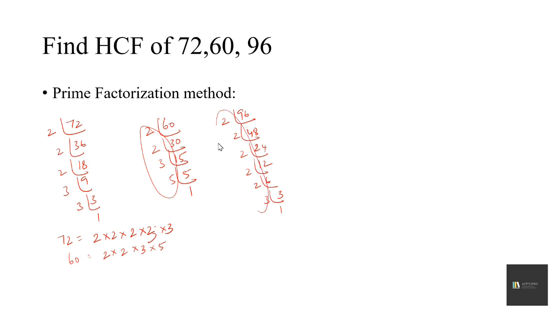So these are all the prime factors of 96. So let us take the common terms in this. This 2 is common, and we have another 2 in common to all the 3 numbers.